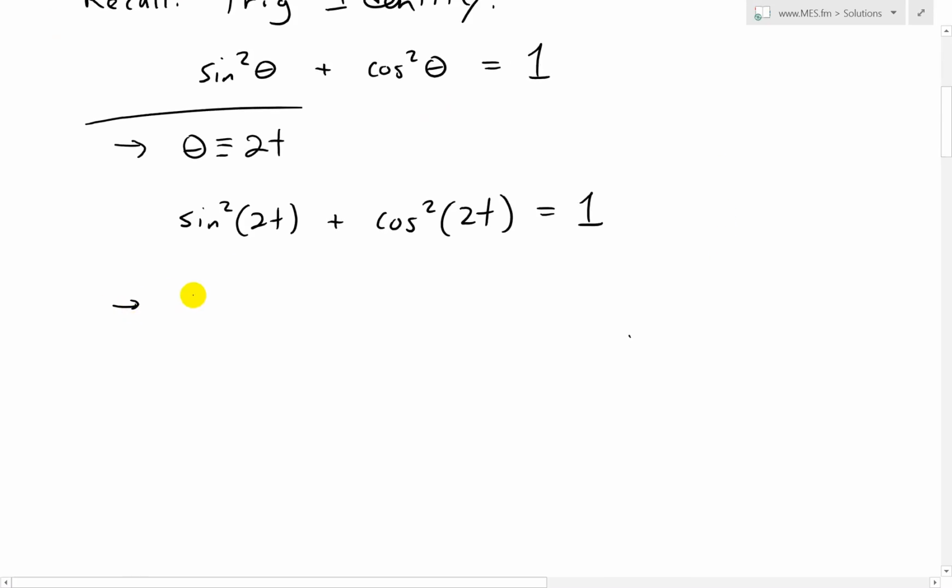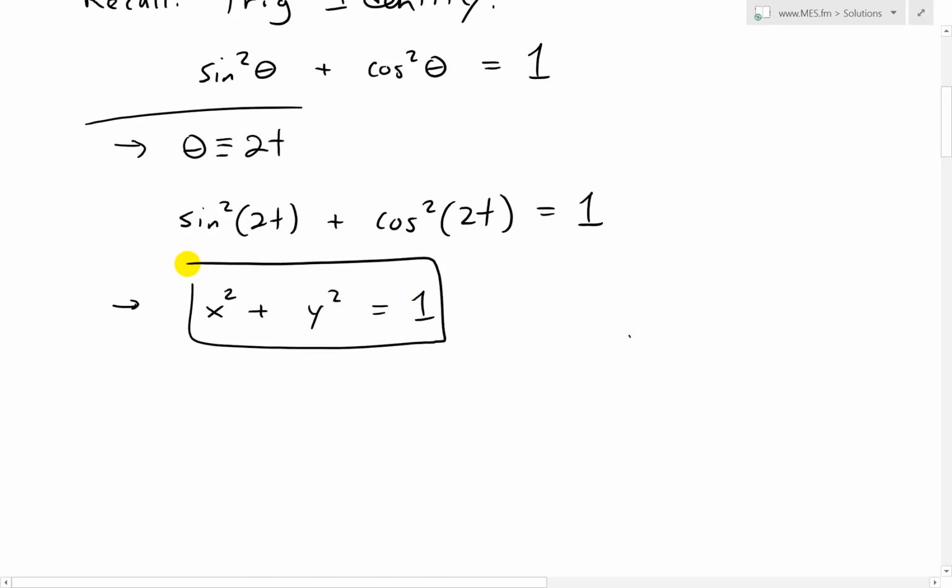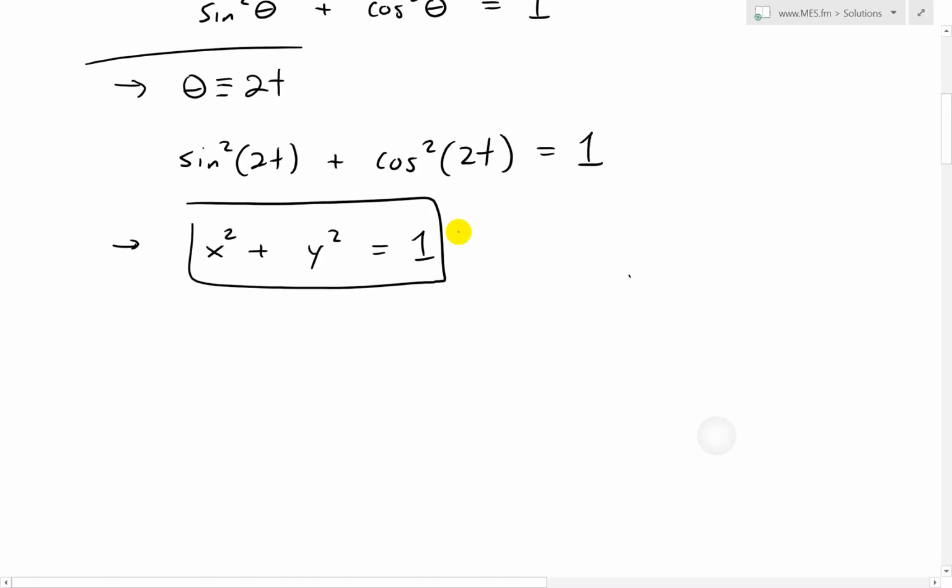So what we get is x squared plus y squared equals 1, which, as I went over in my example 2 video, is the exact same shape. This is just a unit circle, or a circle with a radius of 1. So this is pretty cool actually, the exact same thing as before.